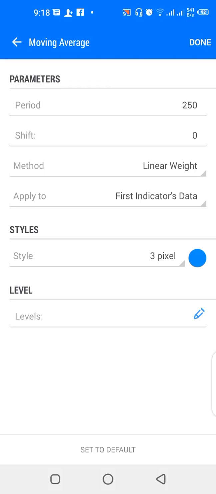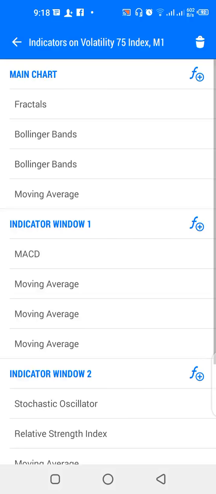Method is linear weight. Applied to first indicator's data. Color is blue. Then another moving average. Period is 200. Shift is 0. Method is linear weight. Applied to first indicator's data. Color is navy blue. Then the last moving average for indicator window 1 has period 1. Shift is 0. Method is linear weight. Apply to first indicator's data. Color is red.